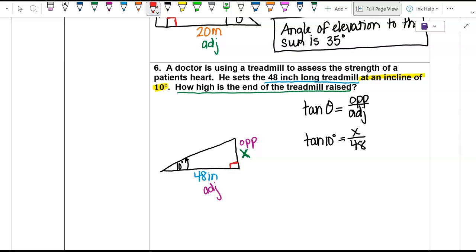So again, to get to X, I have to multiply both sides by 48 to clear that denominator. So X equals 48 times the tangent of 10 degrees. You are not using the inverse function, you're using the regular function here.